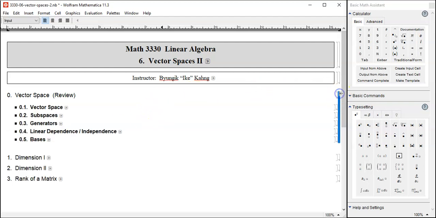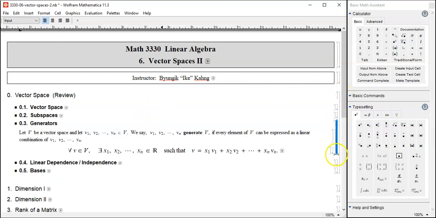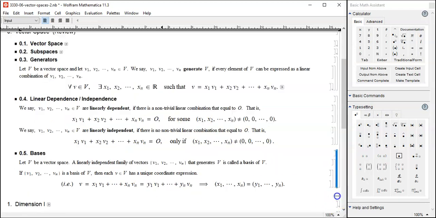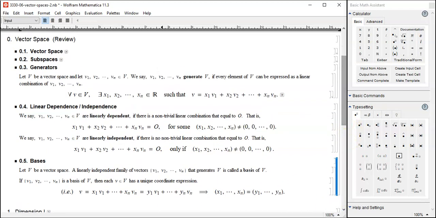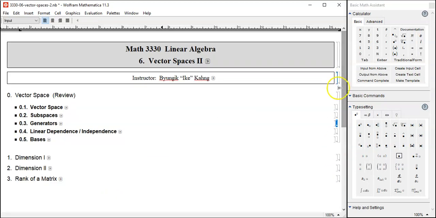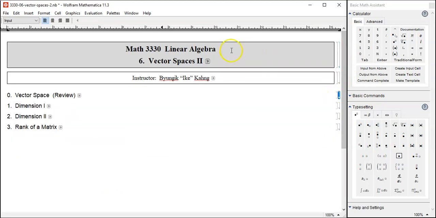And the dimension concept comes from combining these two, generating and linear independence. And it turns out it's the same as the number of elements in the basis set, the number of basis vectors. It's a little bit too confusing without writing, so I'll stop here, and I'm going to talk about a little bit more precise treatments in the next video.